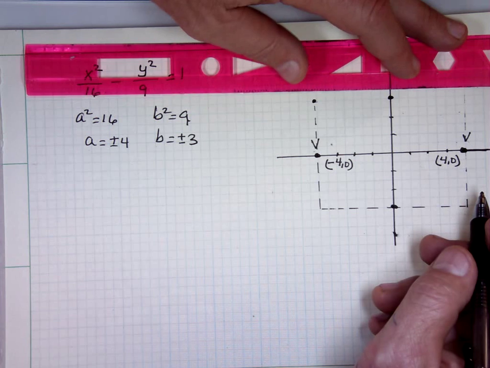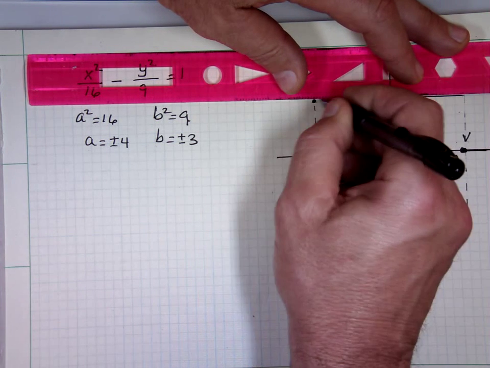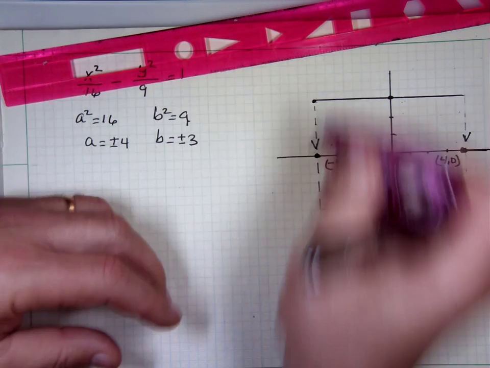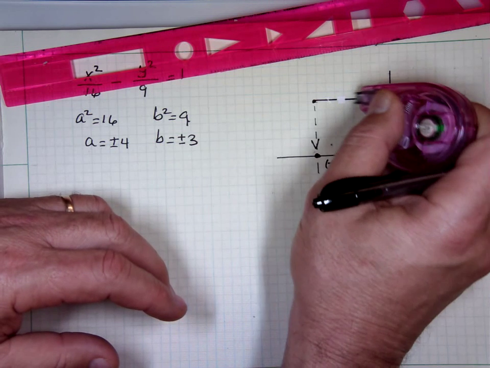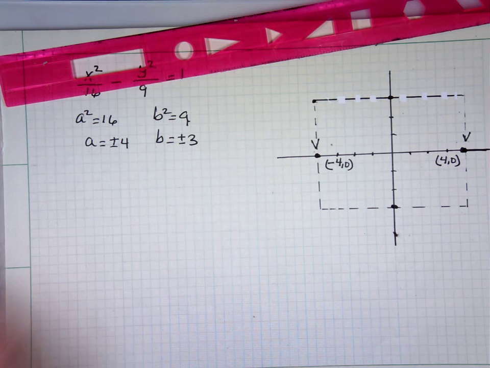And now it's going to go through this one. I don't know why I made that a solid one. It's a dotted line. With the help of the whiteout, here we go. It's a dotted line now. Perfect.